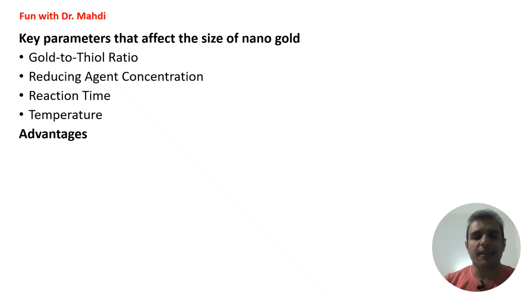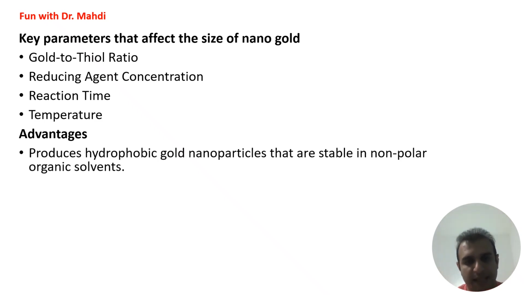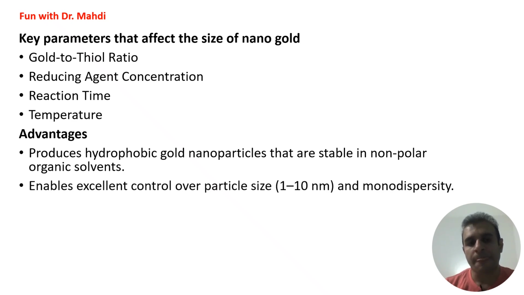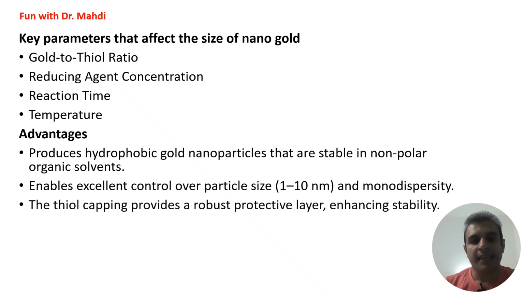The Brust-Schiffrin method has some advantages. For example, in this method we can produce hydrophobic gold nanoparticles, and they are stable in nonpolar organic solvents. Also, we have excellent control over particle size, and monodispersity is another advantage of this method.